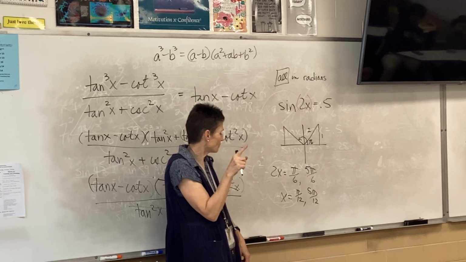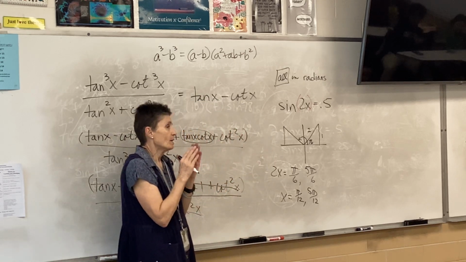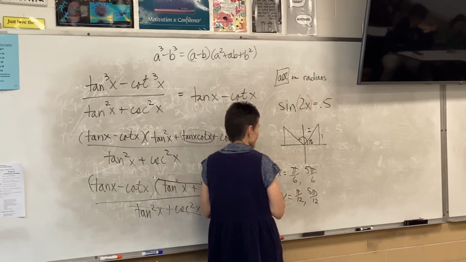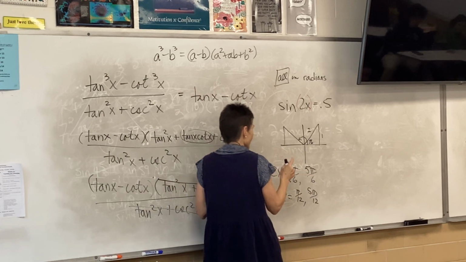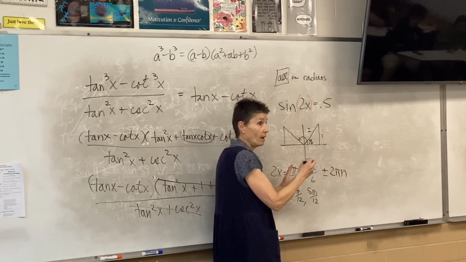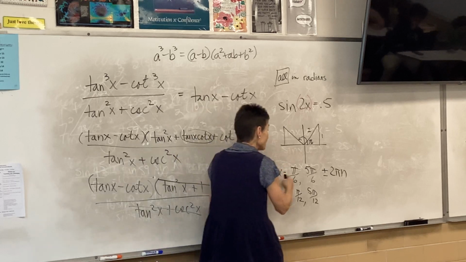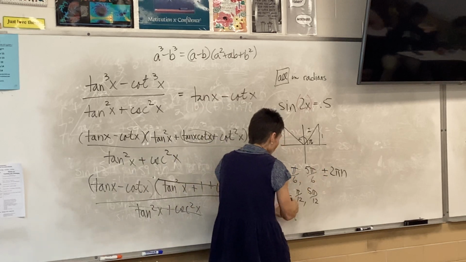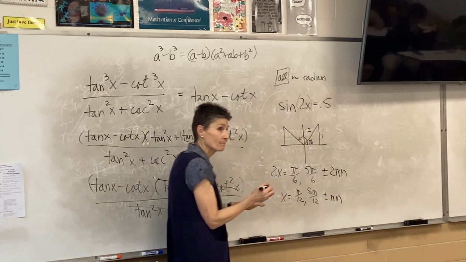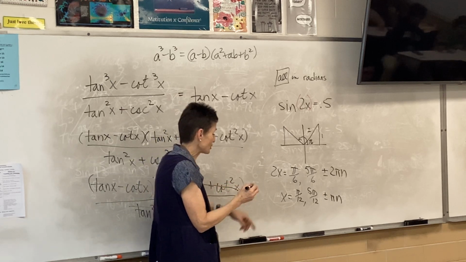Let me just double check here for a minute. So those are 2x's. So all of the 2x answers would be these plus or minus 2 pi n. That would be all of the normal answers. So when I divided by 2, it would be these plus or minus just pi n. And I think that's going to cover it.